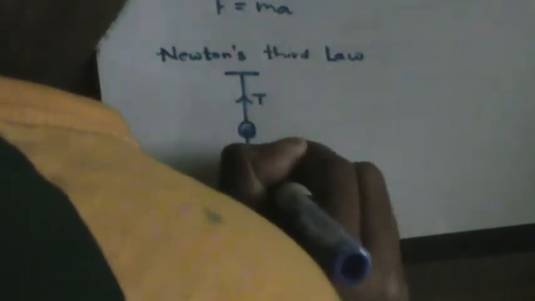So Newton's third law explains that if you have an object like this, hanging from a string, the tension applied by the string and the weight of this object are equal and opposite in direction.